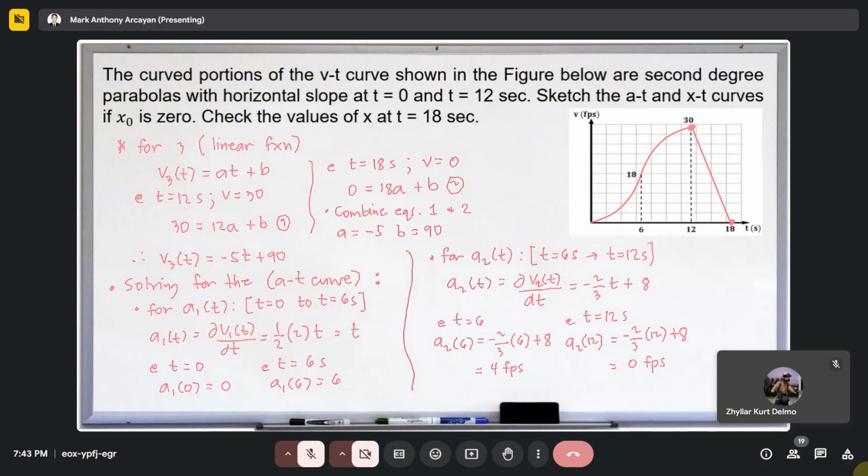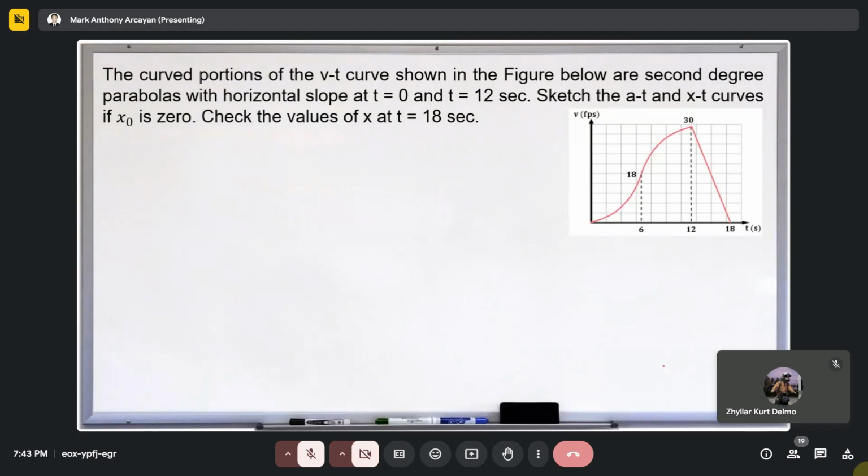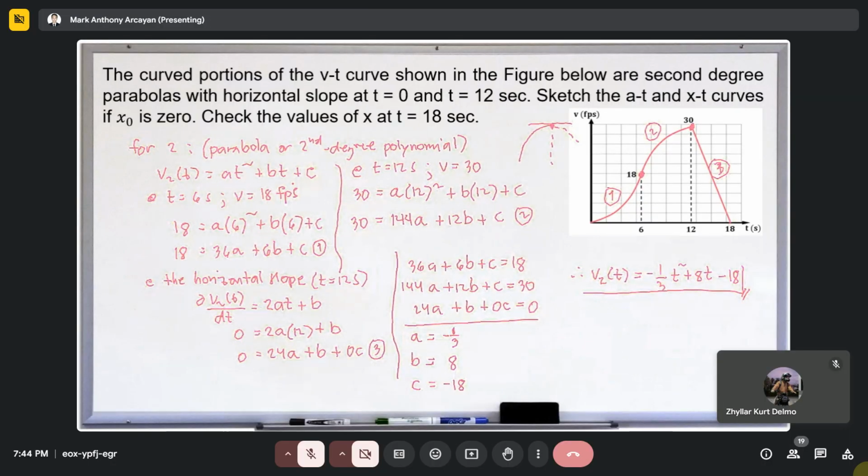Finally, we will generate the acceleration function for our third velocity function. Here for a sub 3 of t, it happens on the interval t is equals to 12 seconds to t is equals to 18 seconds. We have a sub 3 of t is equals to the first derivative of the third velocity function with respect to time. And we will go back to the previous slide.